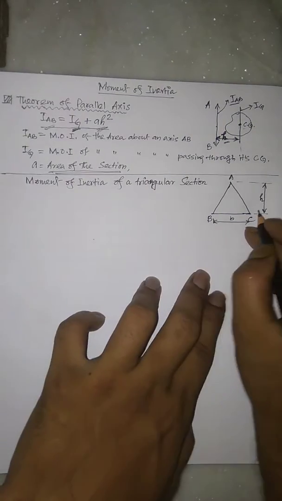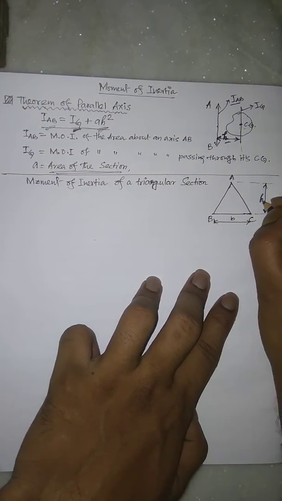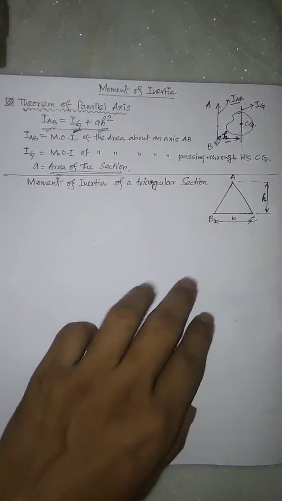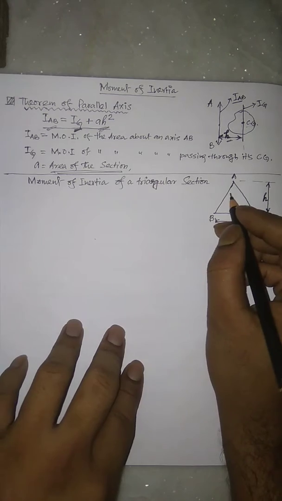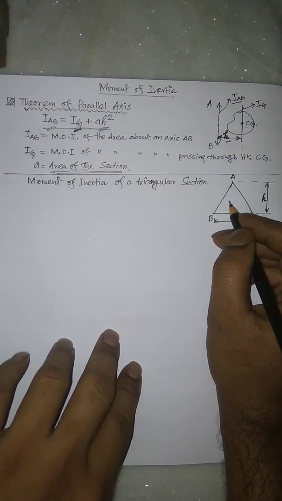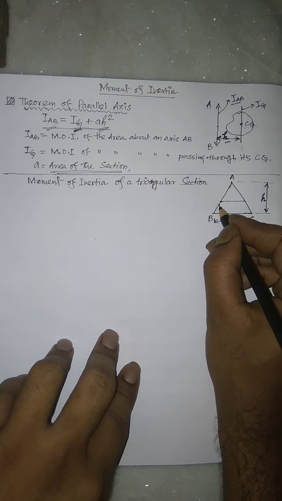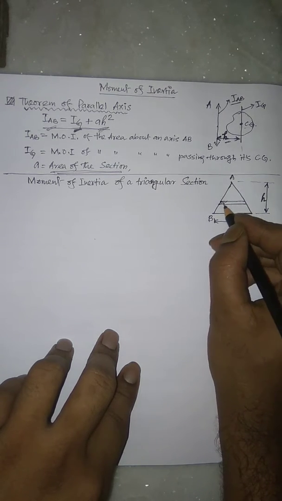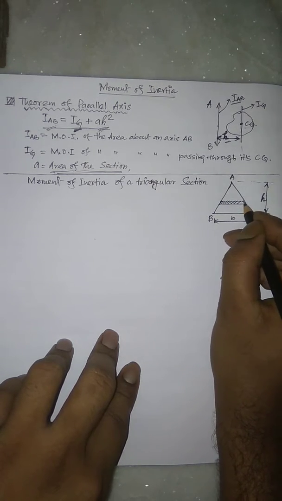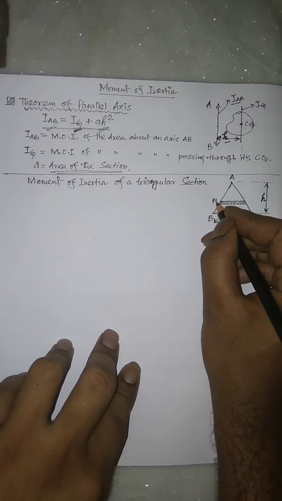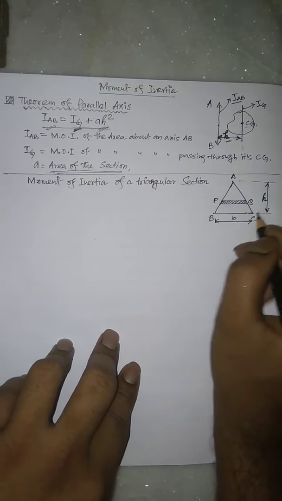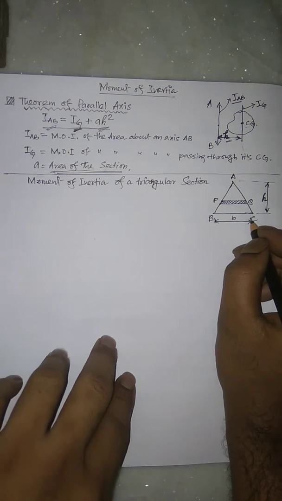Now we have to find the moment of inertia of this triangular section. So first consider an elementary small strip PQ, which is parallel to its base.